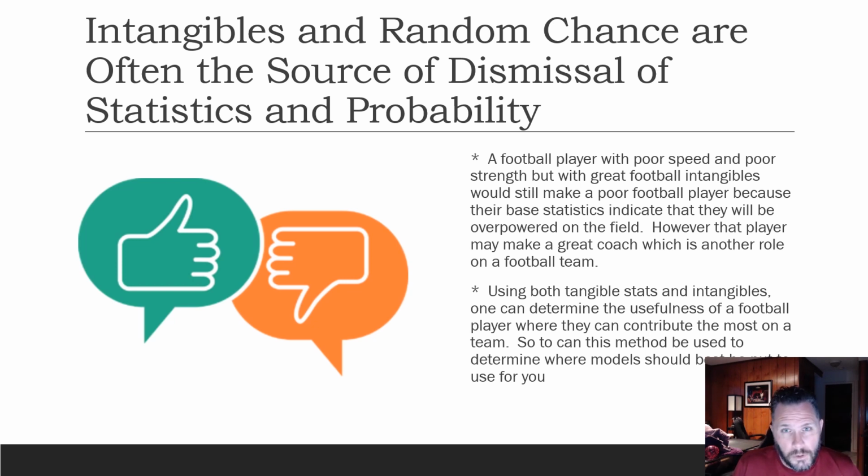That's wonderful until he gets blasted for the first time, and then he's not a football player anymore. However, that player may make a great coach, which is another role on the football team. So that's where using both tangible stats and intangible stats determine the usefulness of your units on a battlefield, just as they can determine the usefulness of a person on a football field.